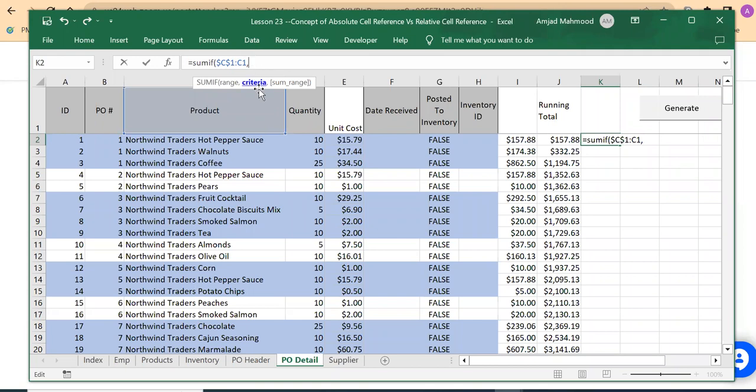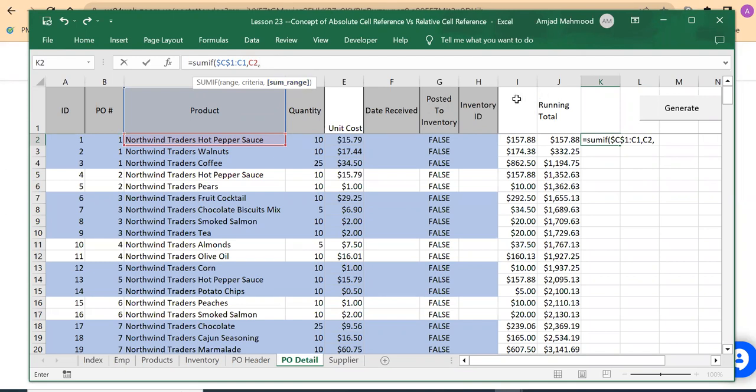So in this range, we are finding what? We are finding the criteria, that is this product. So whatever is the product, and what we are going to sum. Now we put a comma here to tell you the sum range.